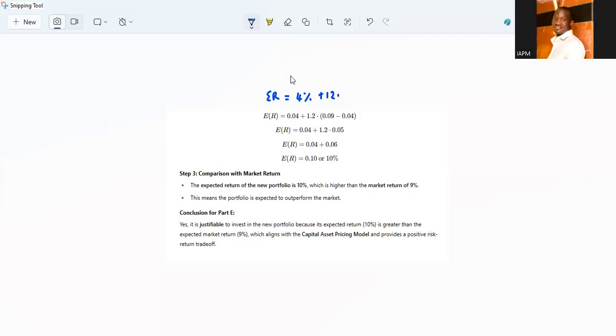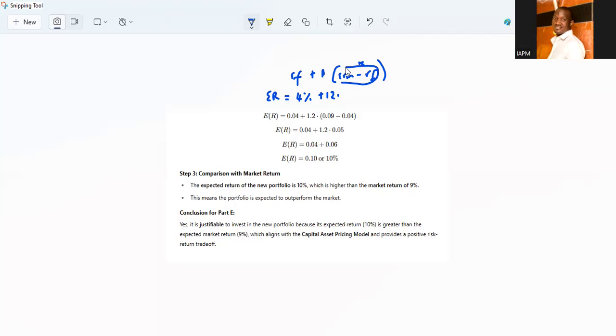So the formula is RF plus beta, the expected market minus RF. This is what we call the premium, the risk premium. That's for RM minus RF. That's the risk premium.